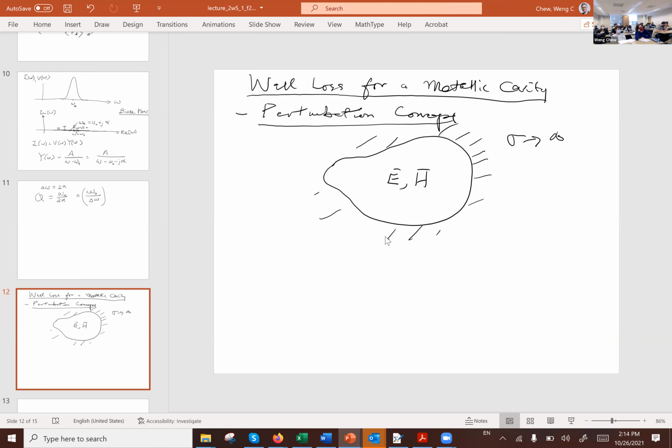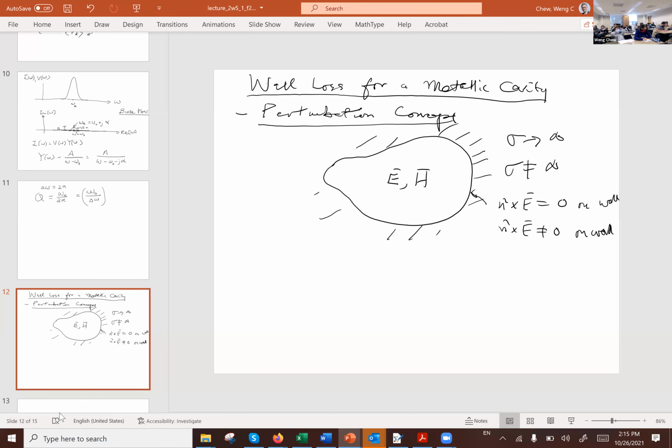Say now I make sigma not infinite, sigma finite, then there will be wall losses. Previously, the boundary condition we had is n cross E equal to 0 on the wall. Now we have n cross E not equal to 0 on the wall.